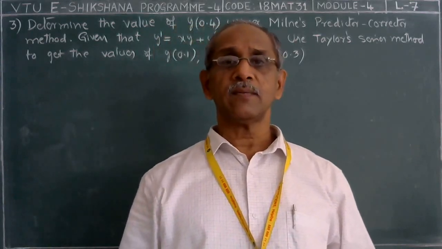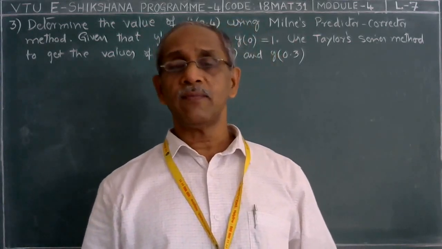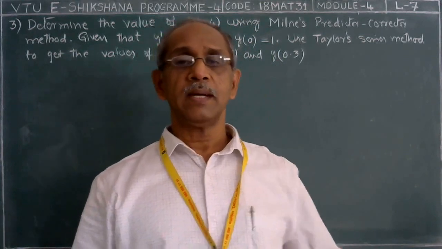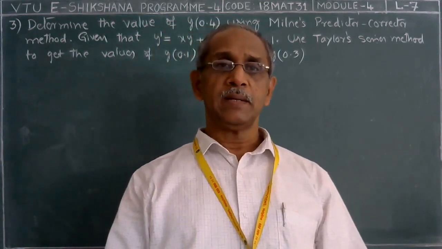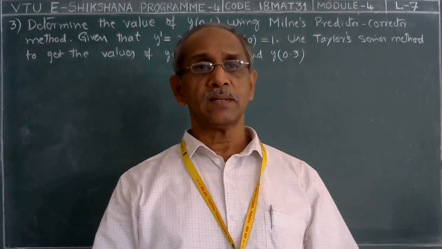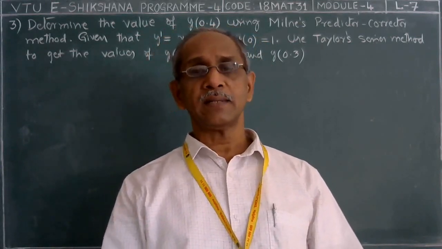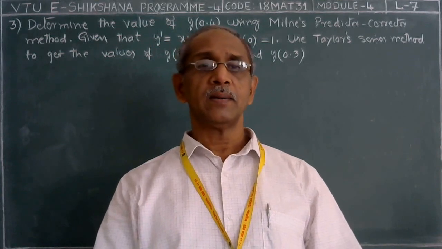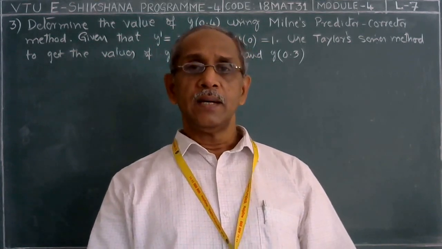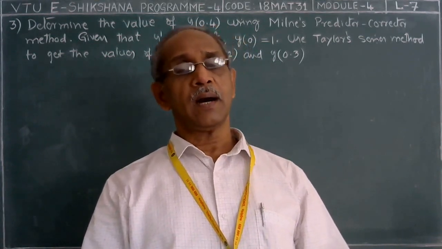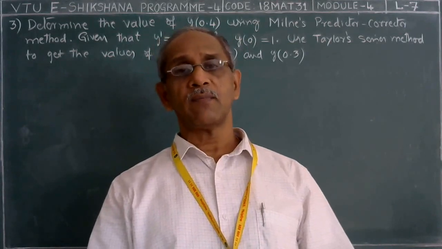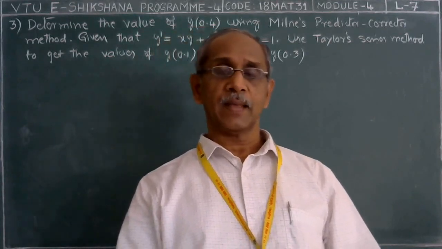So this sequence of values, if it is not given in the problem, can be obtained by the single step methods which we discussed earlier, either by Taylor series method, or by Runge-Kutta method of fourth order, or by Euler's modified or Euler's method.